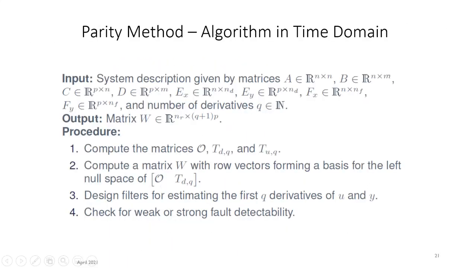You need to form the matrices O, T, TD, and TU. And later you need to form this matrix. Make sure that if it is not full rank, it has a knowledge space, a left knowledge space. Then try to find a member of the knowledge space. And basically, the member of the knowledge space is the matrix W. Okay.